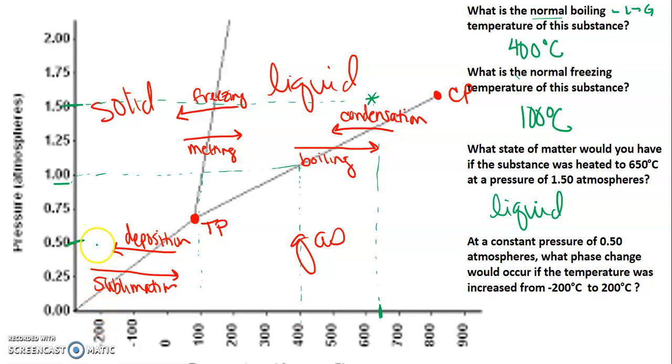And the temperature, it says you start at negative 200 degrees, and I'm keeping that pressure at 0.5, but I'm going to increase the temperature to right about there, which is 200 degrees. And so as I increase the temperature, your substance is going to go from a solid to a gas. And if I ask you for the phase change, I want you to use the words that we talked about yesterday. So don't say from a solid to a gas. Use the term that we talked about, which in this case would be sublimation.